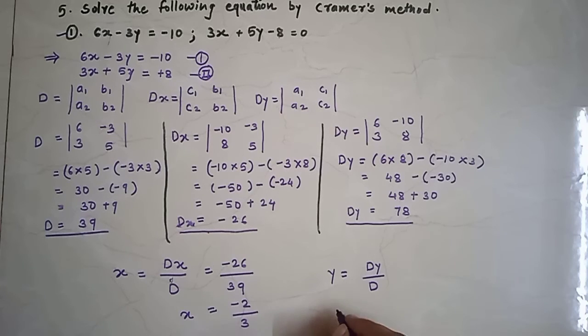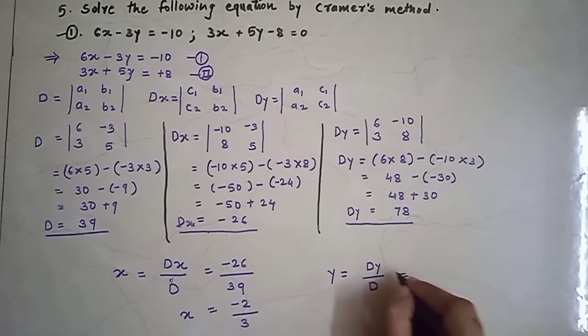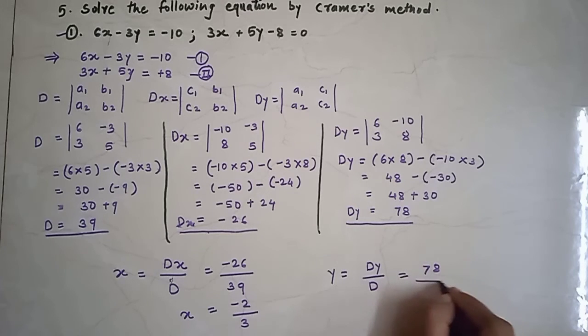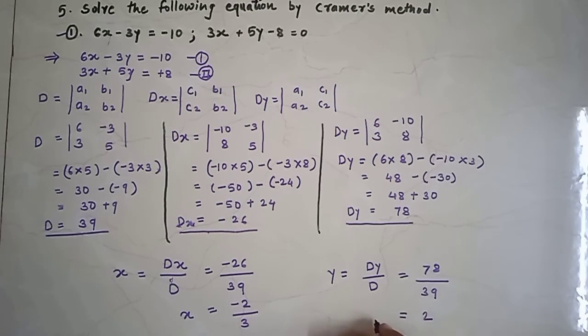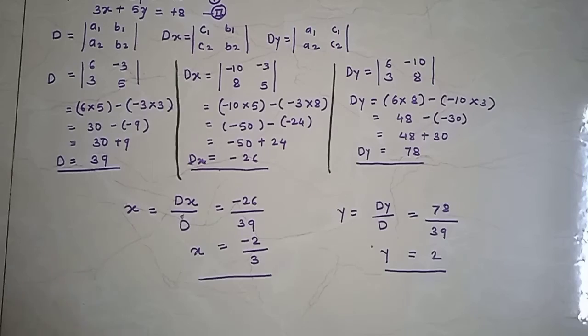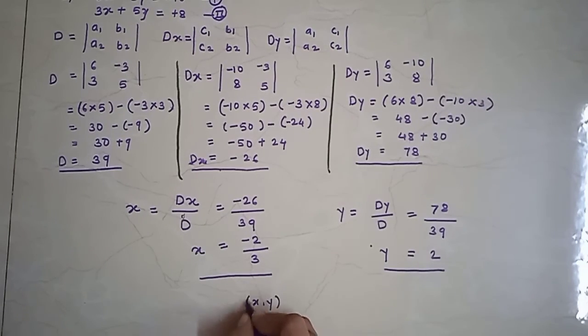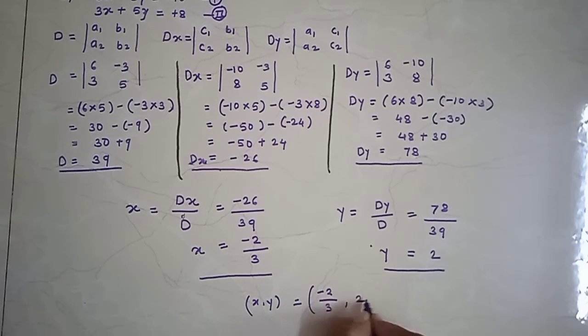Similarly we can find the value of y. So Dy is equal to 78 upon 39, so the answer is 2. Then y is equal to 2. So we can write x, y is minus 2 upon 3 and 2. This is our solution for that equation.